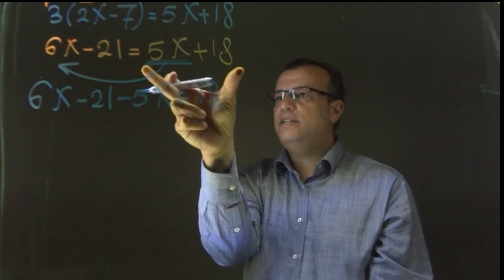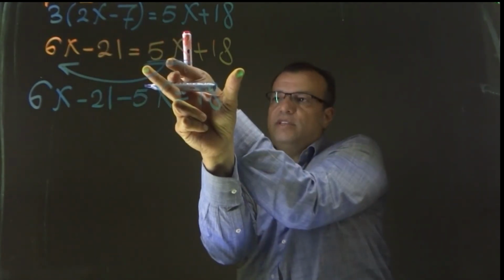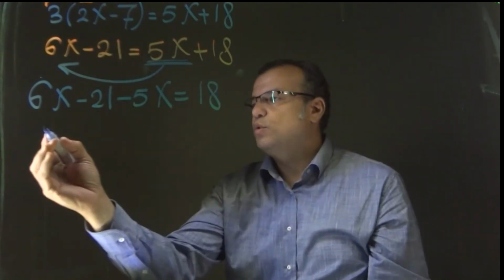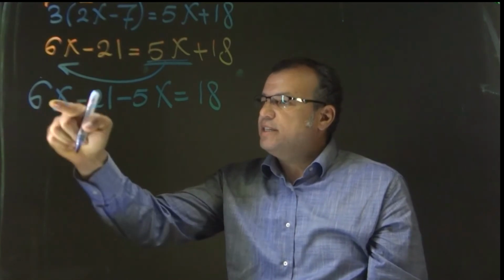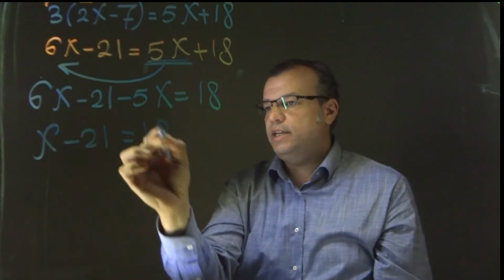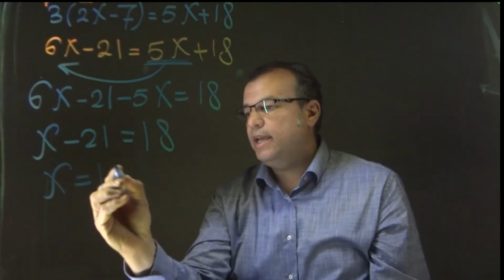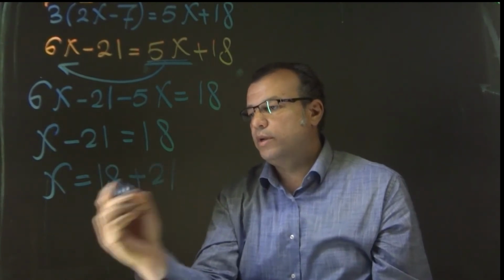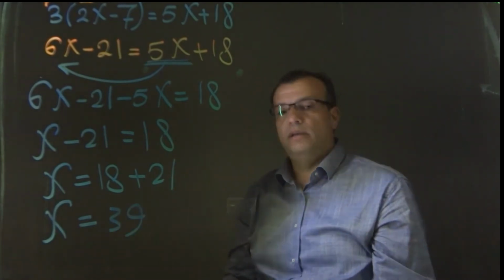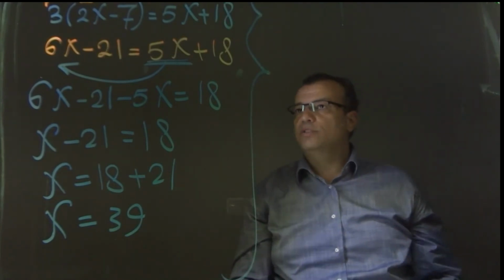Take care: just 5x moves to the other side, positive becomes negative. So 6x - 5x will be just 1x - 21 = 18. Now you can move 21 to the other side. This will be 18 + 21, which means x will be 39.